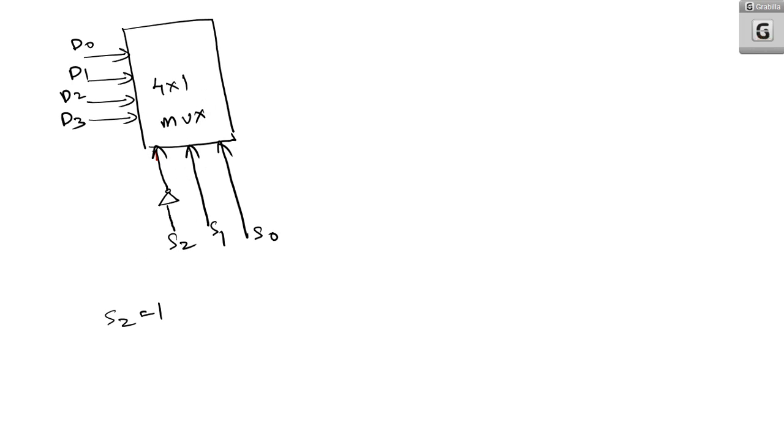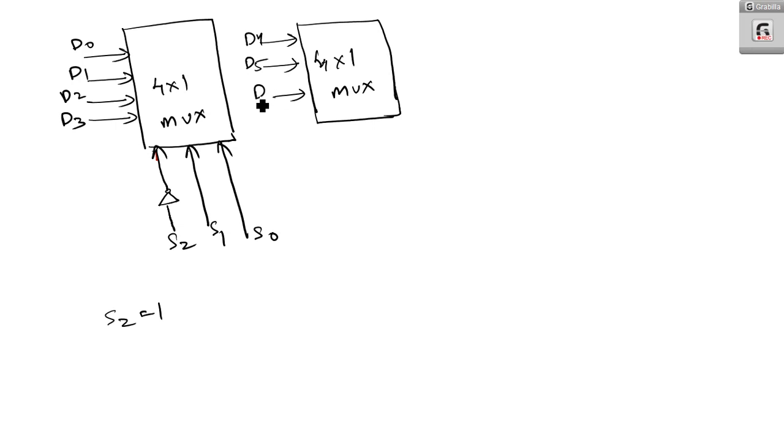Now coming to the next one, that is when S2 is equal to 1, which needs to be triggered. When S2 is equal to 1, the one which needs to be triggered is this one, the next 4x1 mux. Okay. Here the inputs are D4, D5, D6, D7.